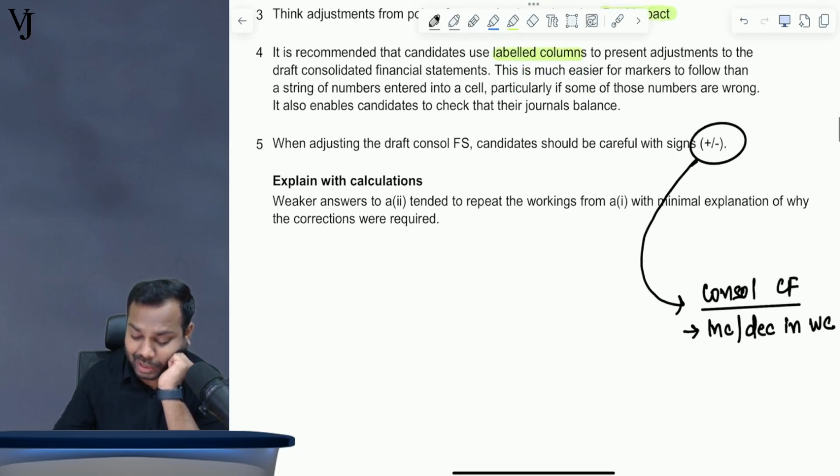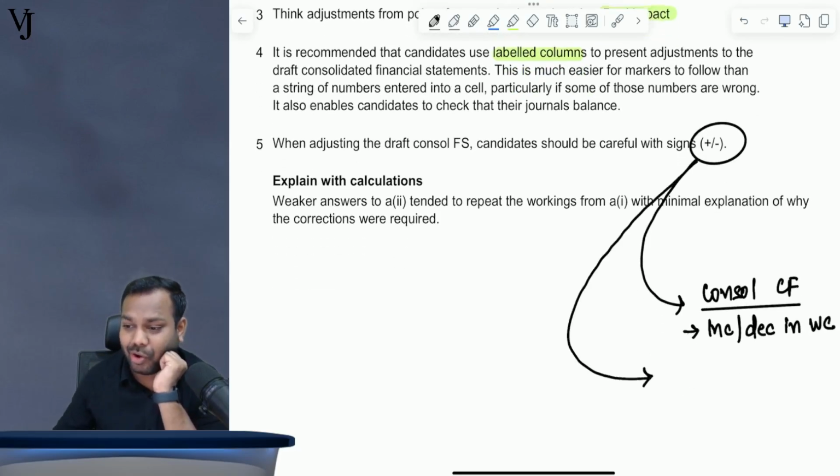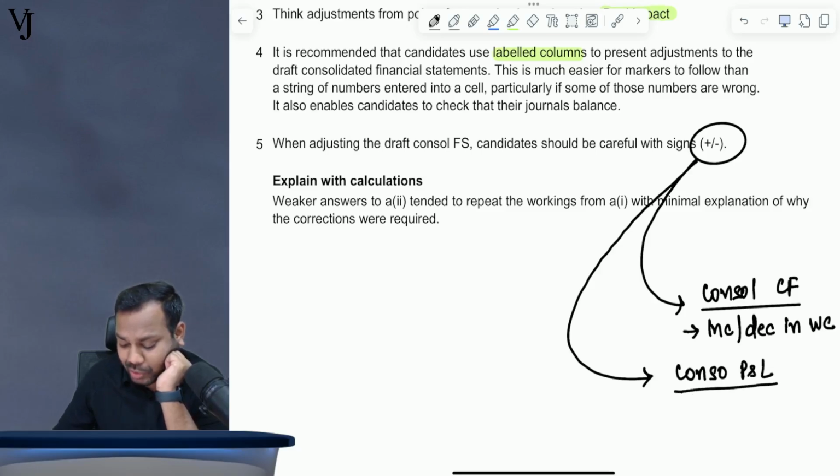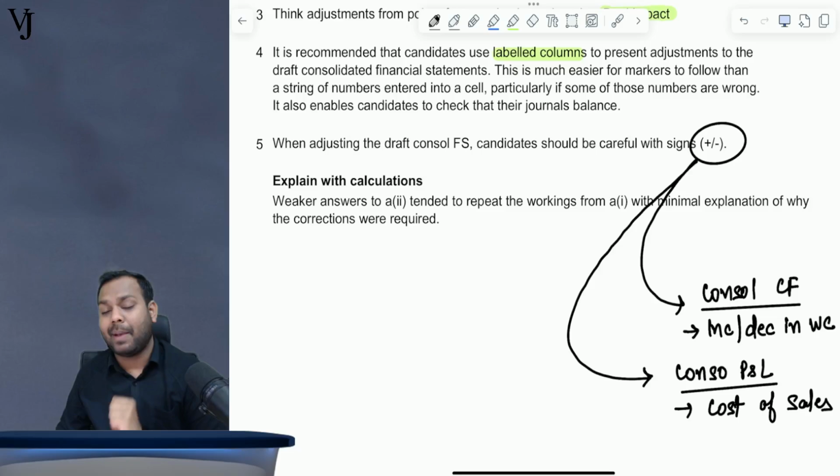Or if a question comes on consolidated P&L and you have to adjust the cost of sales, then this mistake will happen.